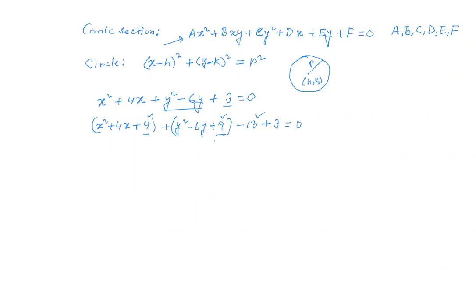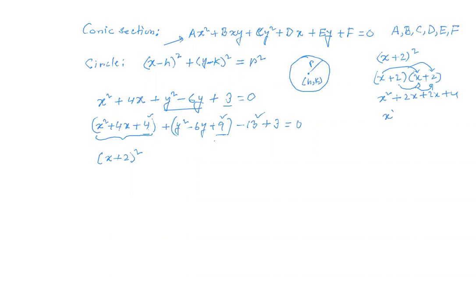Now, if you look at it, you probably know this is nothing but x plus 2 whole square. Look, x plus 2 whole square is x plus 2 times x plus 2, right? If you multiply it out, x times x is x square, x times 2 is 2x, 2 times x is 2x, and 2 times 2 is 4.